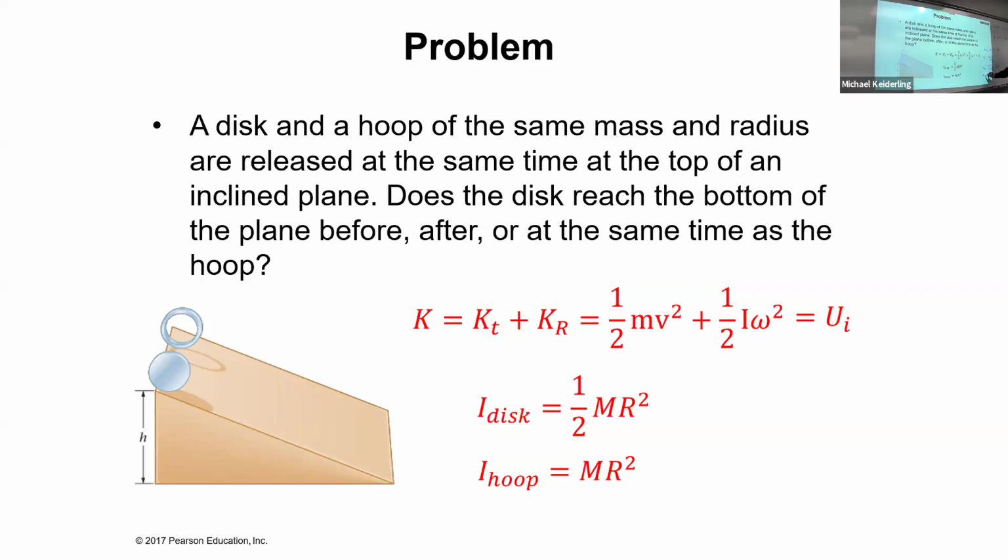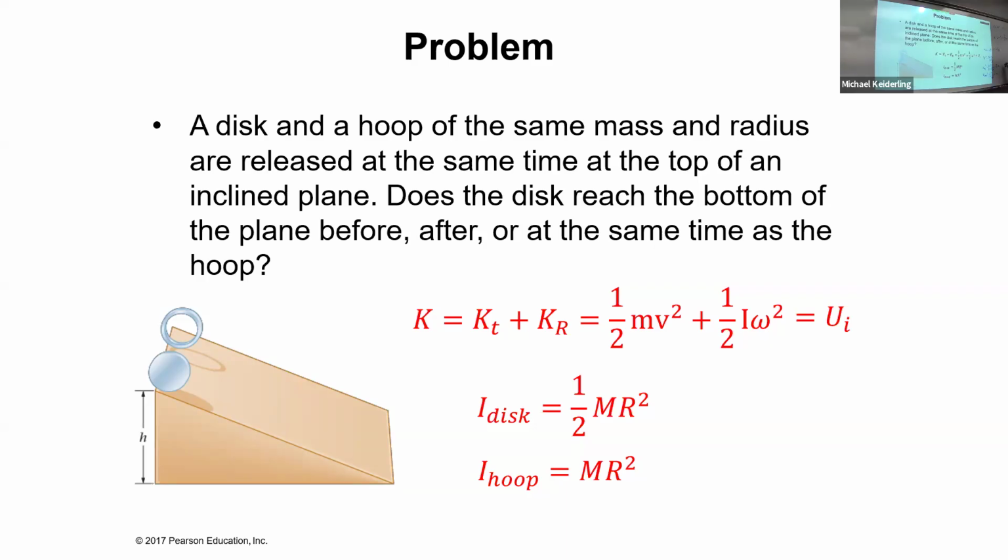times gh, while velocity squared of the hoop is 2gh over 1 plus mr squared over mr squared. So that's just gh. 2 over 1.5 is 4/3.